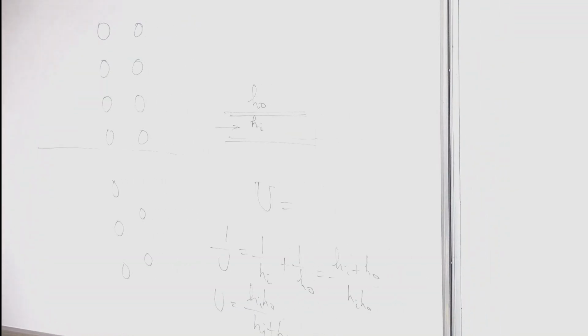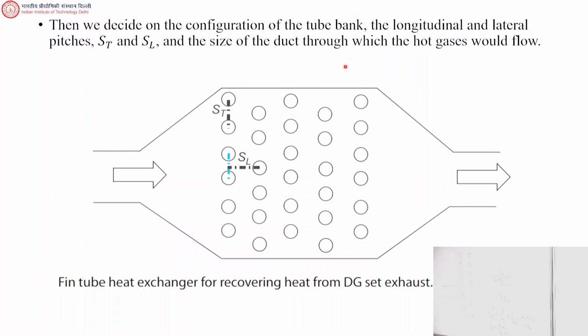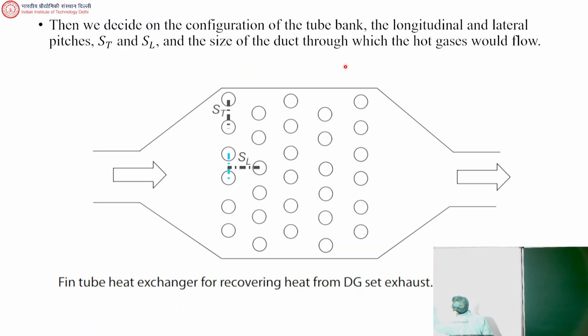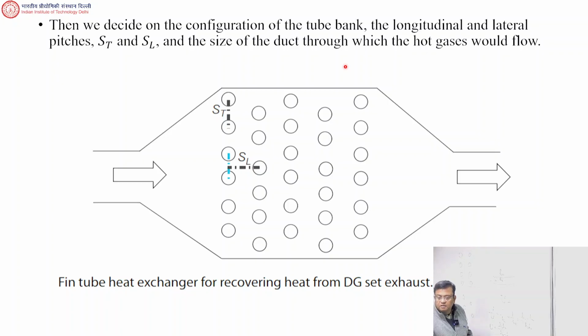All right. Now, why do we give a staggered arrangement? Actually, it has some advantage. See, the gas comes here. In an inline arrangement, there is a chance that some gas will just flow straight through without resistance.